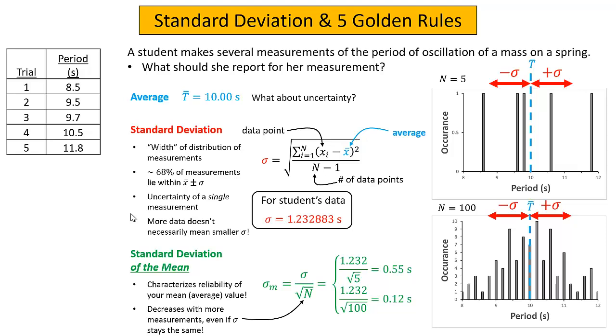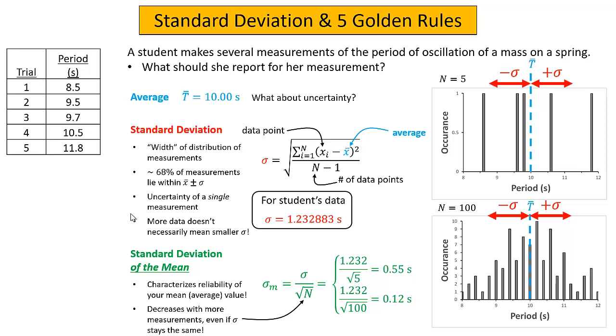So what does this look like for the data we have up above? If we only had 5 data points, I would have had a standard deviation of the mean of 0.55 seconds. But with 100 data points, my standard deviation of the mean goes down to 0.12 seconds. So it definitely helps me be more precise about characterizing the average value I've measured.